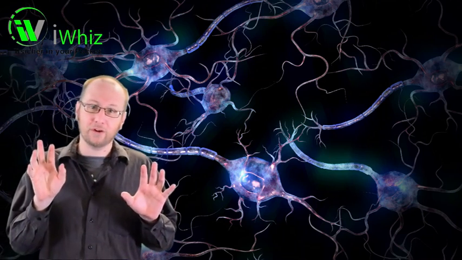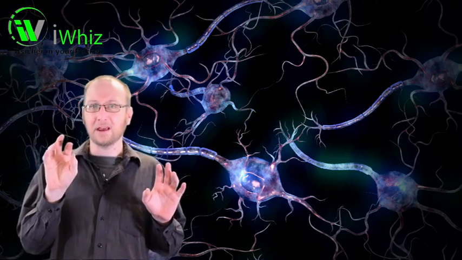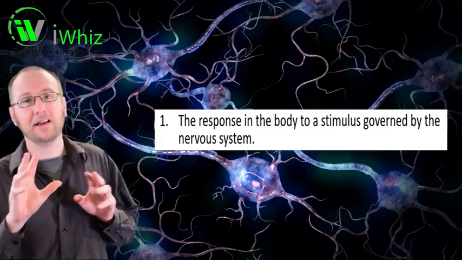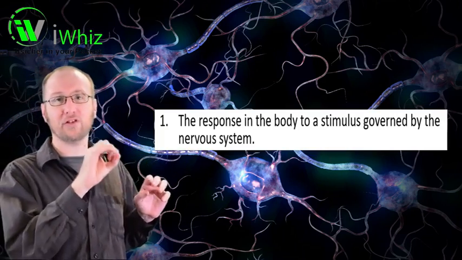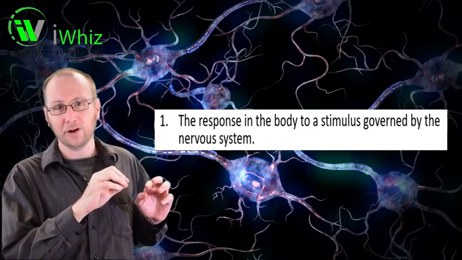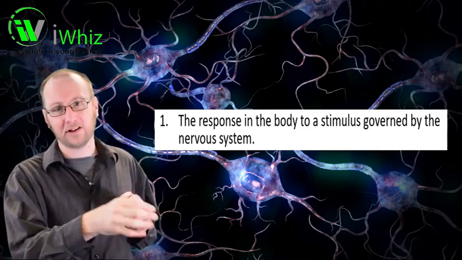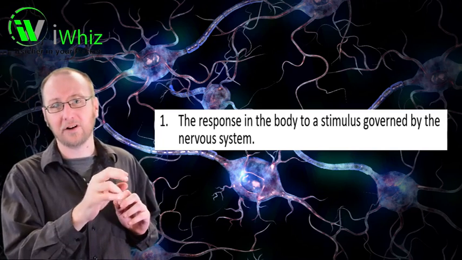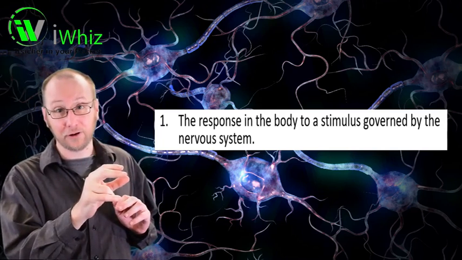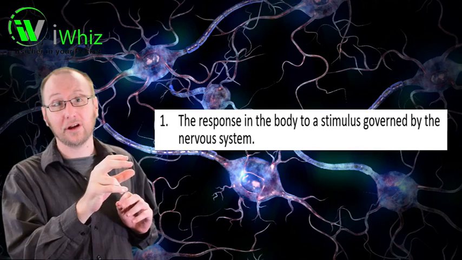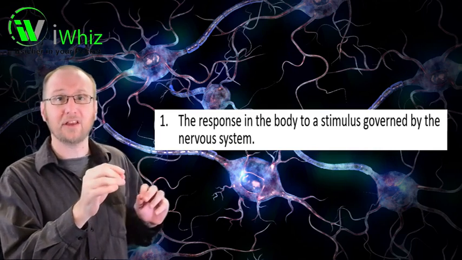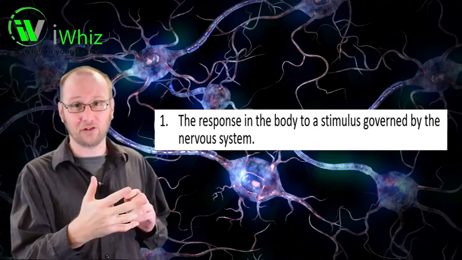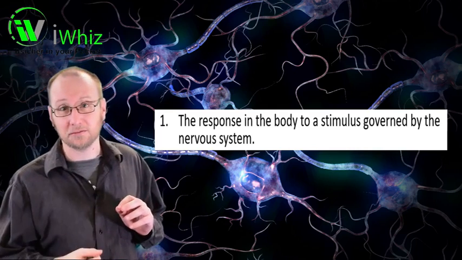So the motor function of the nervous system is carrying a message from the central nervous system to the effector organ via the efferent neurons that bring about a response, that bring about an action.